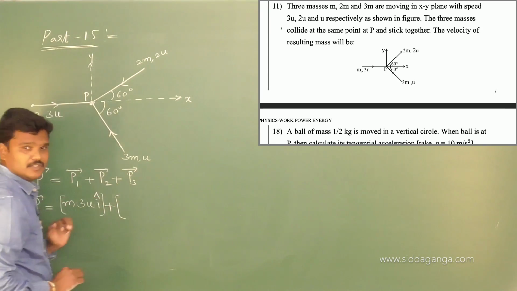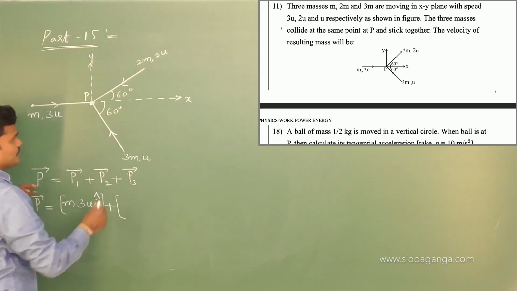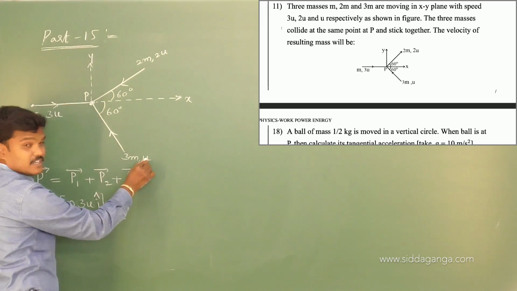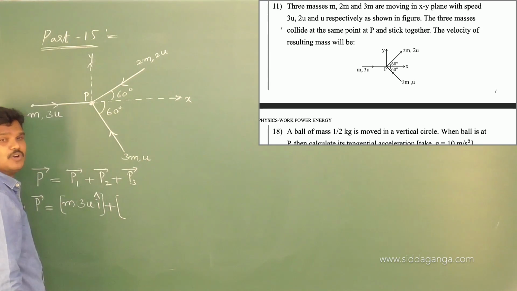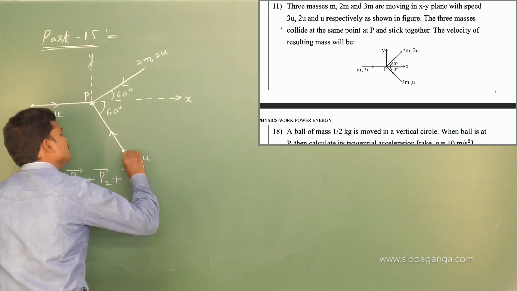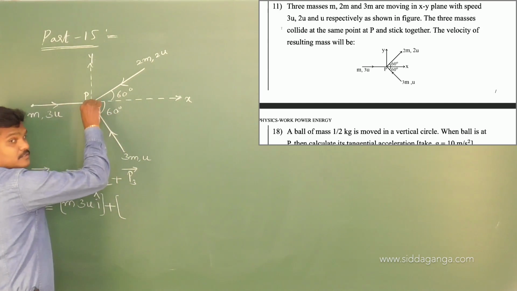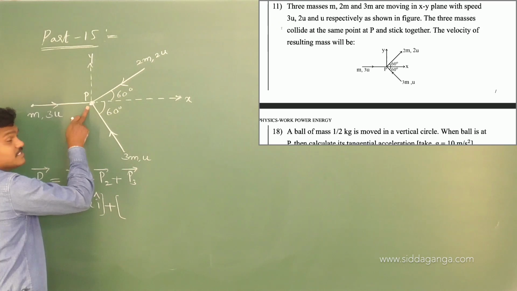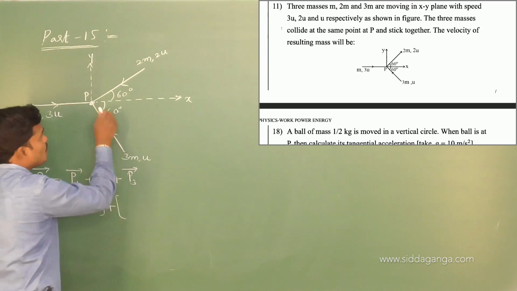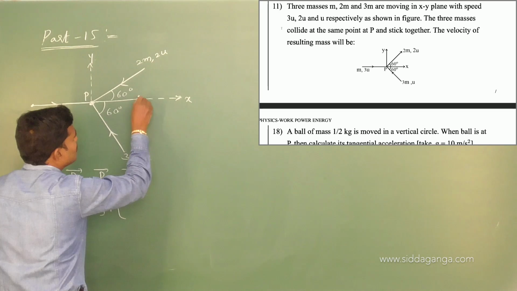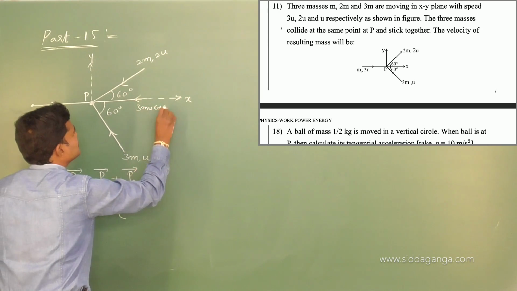Second one, second mass, second momentum. Let us suppose 3mu. I am going to take the second one, and resolve this 3mu momentum into two components. See, the particle is moving in this way, towards the point P. See the arrow mark, which side it is, and resolve this 3mu into two components. One component is like this, 3mu cos 60.